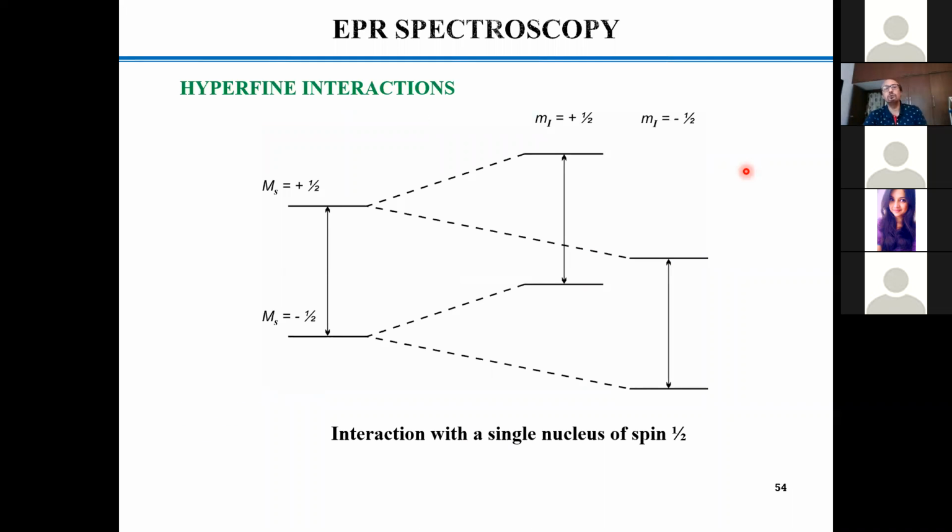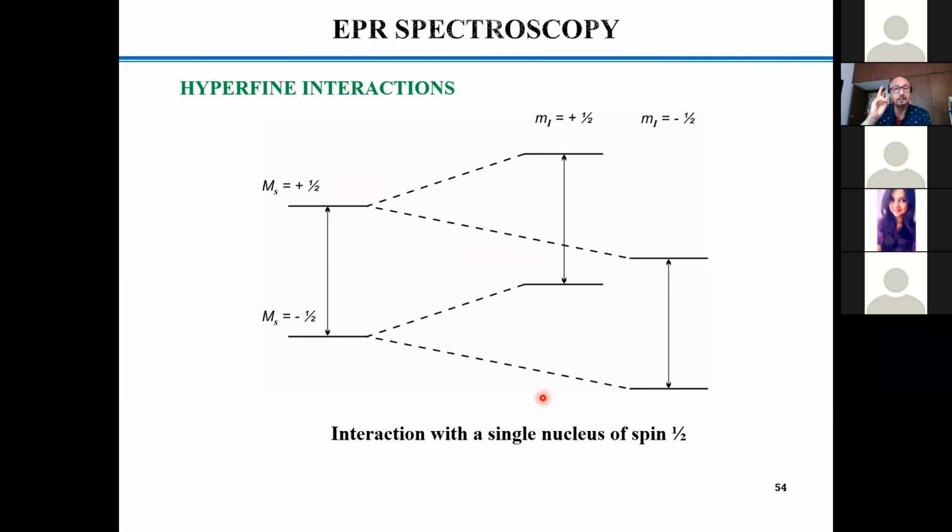Now, once you go to the metal system, I'm talking about metal complexes, the basic principles are the same. Like a radical, if you have one unpaired electron, you can think about minus up, plus up, and then that would be split based on the hyperfine or super hyperfine. You need to always remember the difference between hyperfine and super hyperfine.